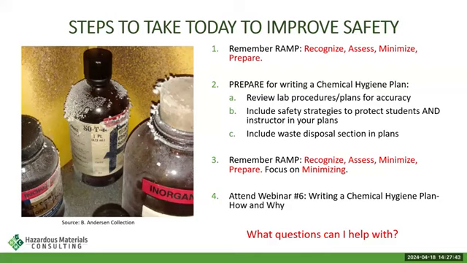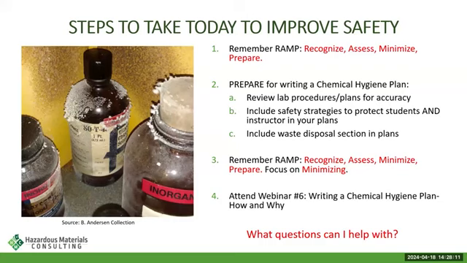To prepare most for your chemical hygiene plan, I'd like you to look at your lab procedures and your inventories, make sure they're accurate, because those are going to be part of a safety plan or a chemical hygiene plan. Include in your lab notes or your lesson plans the safety strategies that need to be implemented to protect students and you from exposures and risk.